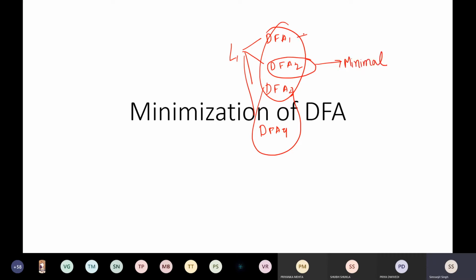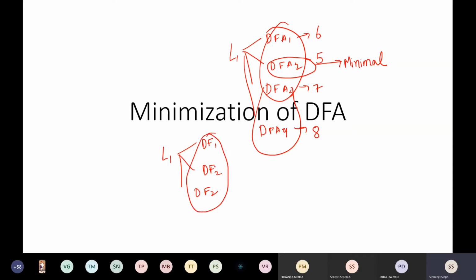Meaning, if one DFA contains 6 states, another 7, another 8, the minimal one contains the minimum number of states. If I give you any language, all of you can design DFAs with different numbers of states.